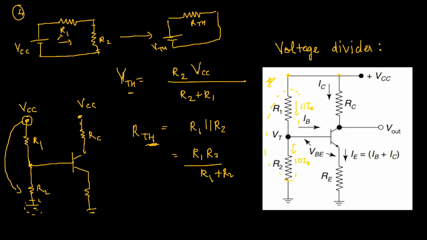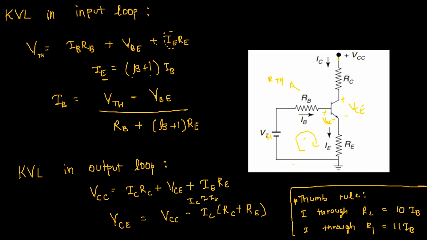So like you can see, the direction of current tells us that 11 into IB comes here, 1 into IB, that is your base current, goes here, while 10 into IB tends to flow straight through the resistor R2. So this is an approximation that is used to help us solve questions. This is only supposed to be used when neither R1 nor R2 are given in the question.